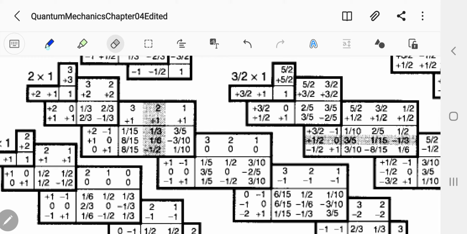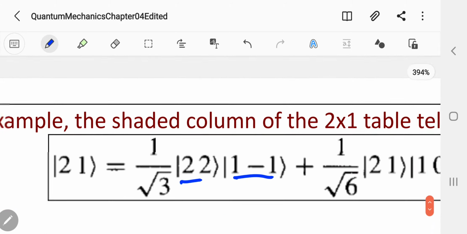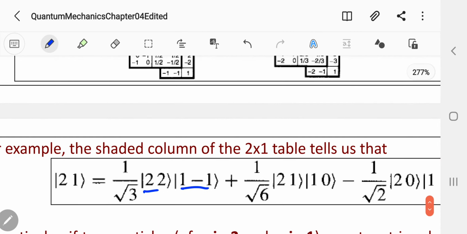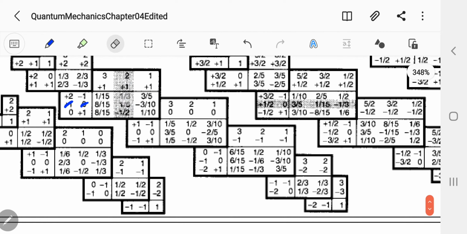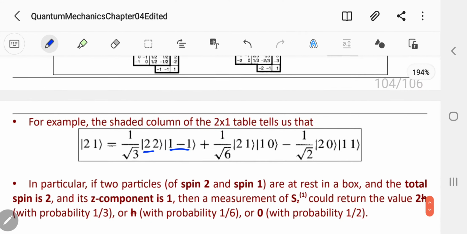And the other one is 2 0 and 1 1 with coefficient of negative 1 over square root of 2.